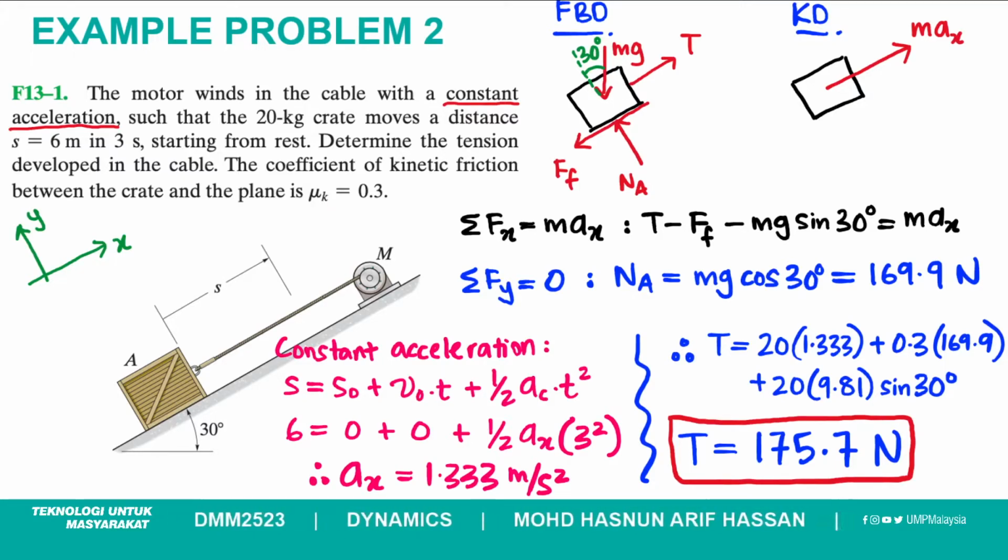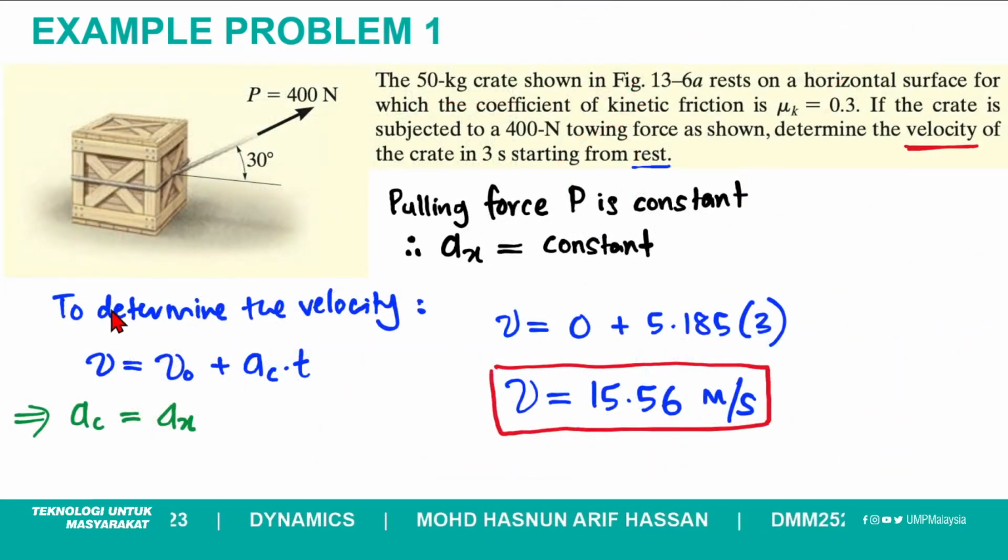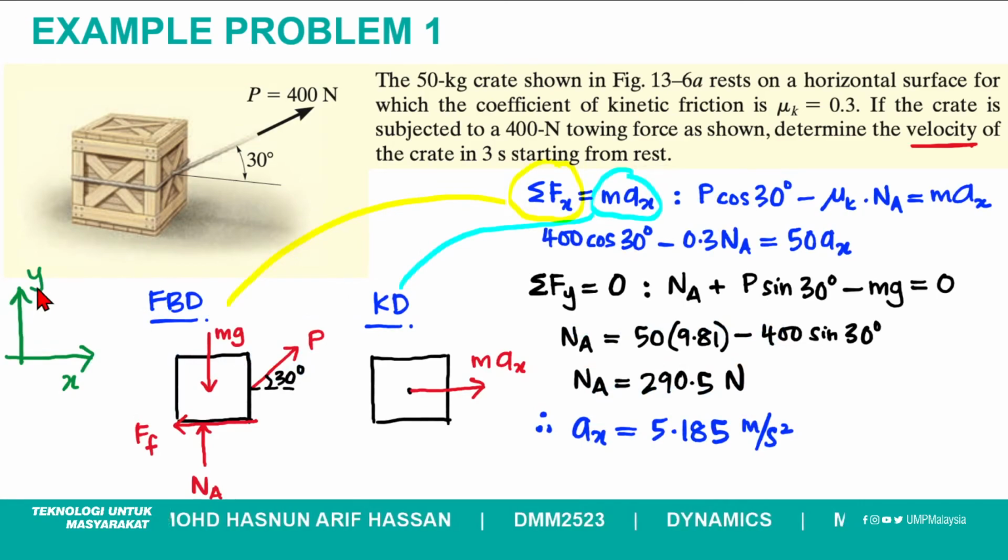Clear, sir. Okay, so in the first example, I have shown how to solve the problems when using normal orientation of the coordinate system, and the question asks us to determine the velocity.